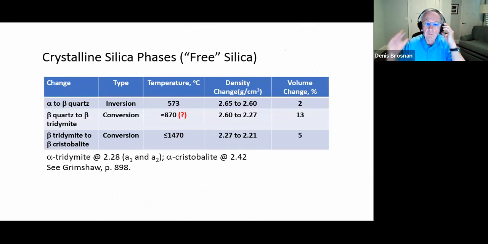Well, I promised that we would talk about crystalline silica, and here it is. Now, I'm going to talk for just a minute about the difference between free and combined silica. Free silica means that we have a distinct phase of a silica crystal.